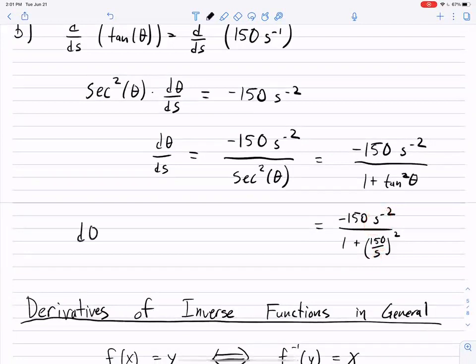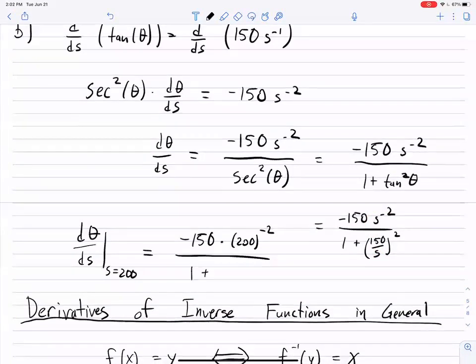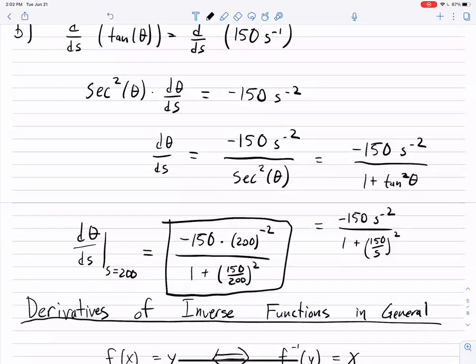And so d theta ds, when we plug in s equals 200, would equal negative 150 times 200 to the negative second all over 1 plus 150 over 200 squared. And again, we don't need to simplify, just leave it like that.